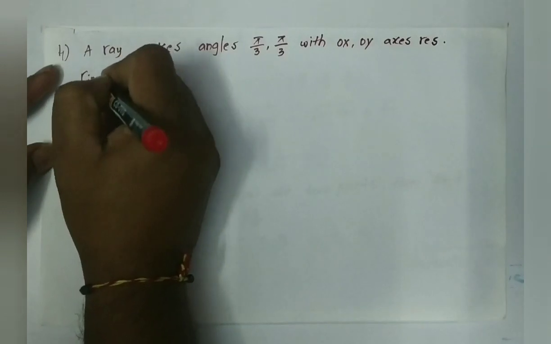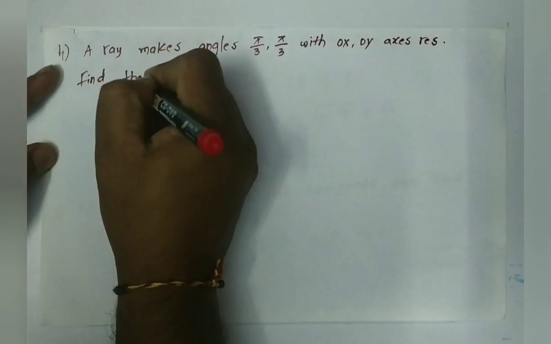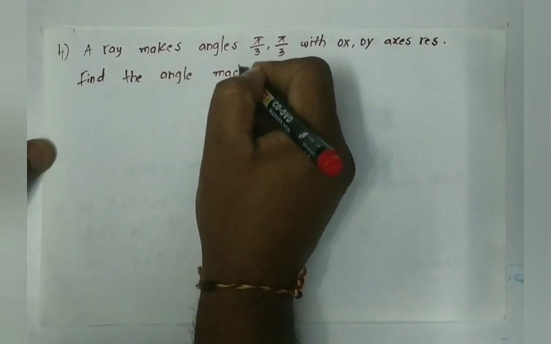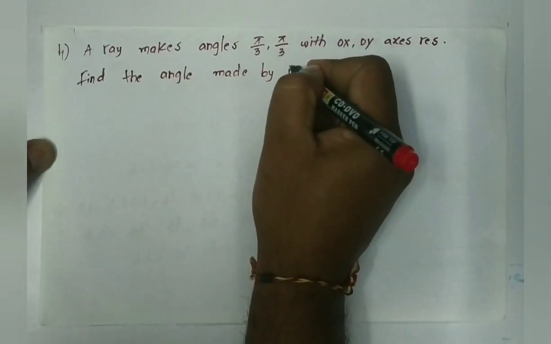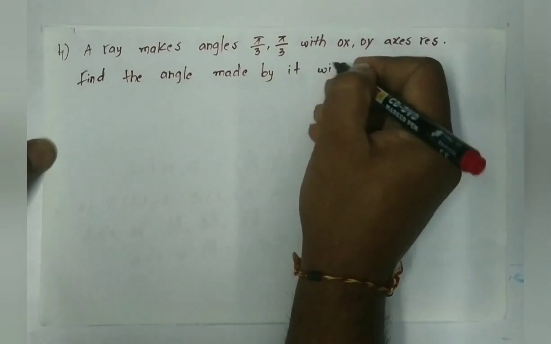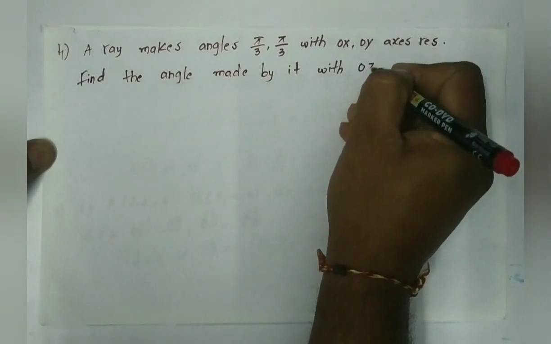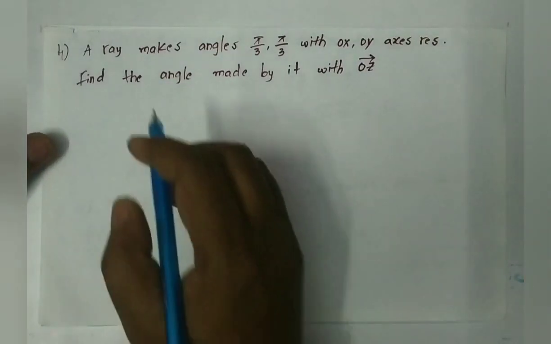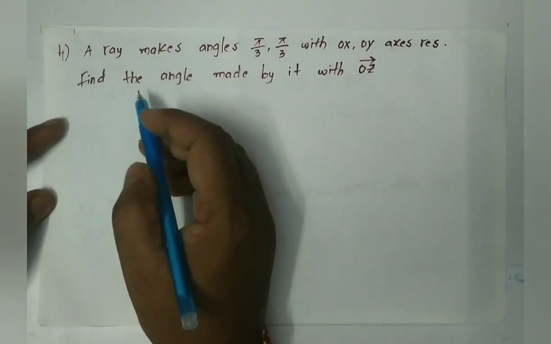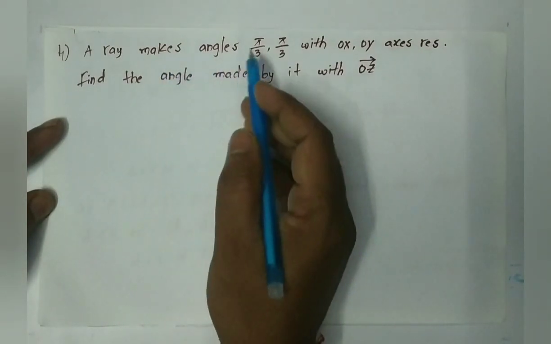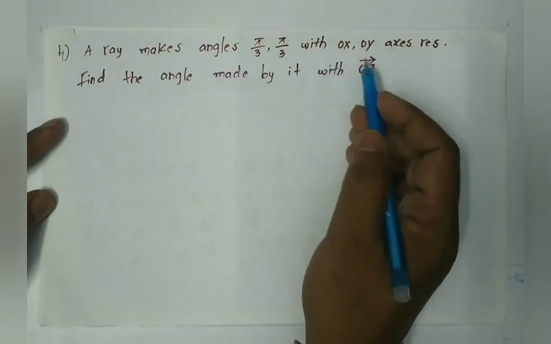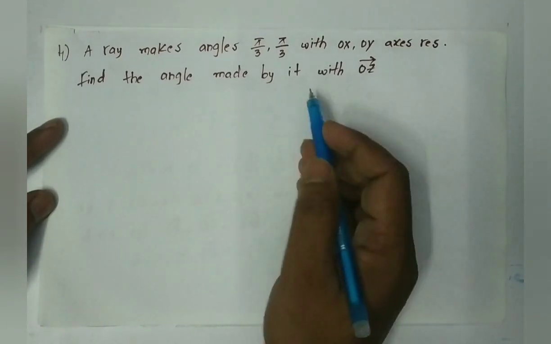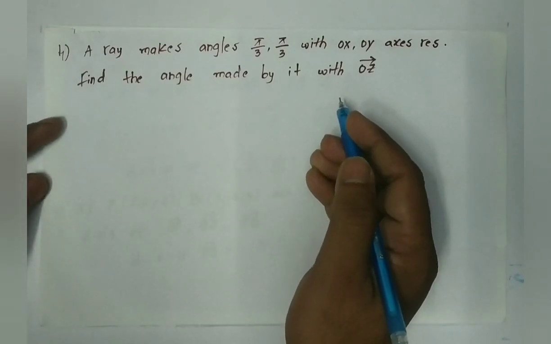Then find the angle made by it with OZ axis. Okay, students, so here what is the problem? A ray makes angles pi by 3 with OX and OY axis respectively. Find the angle made by it with OZ axis.